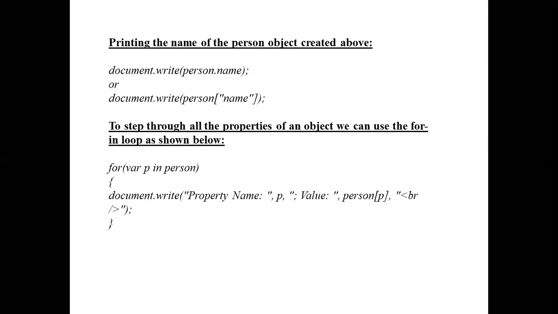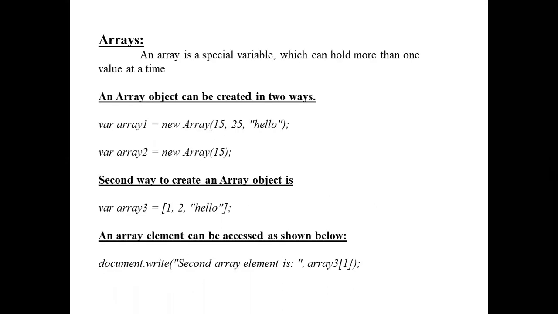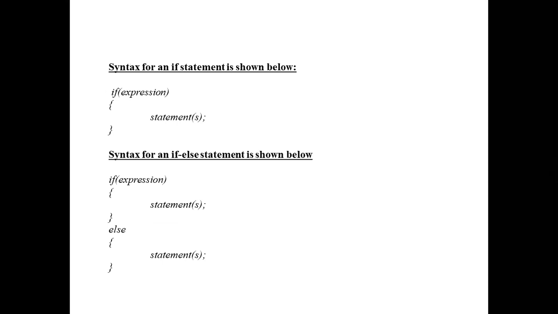See here, for var p in person, document dot write property name and value. That is, it prints all the properties of the object. So these are the different selection statements and loop statements.